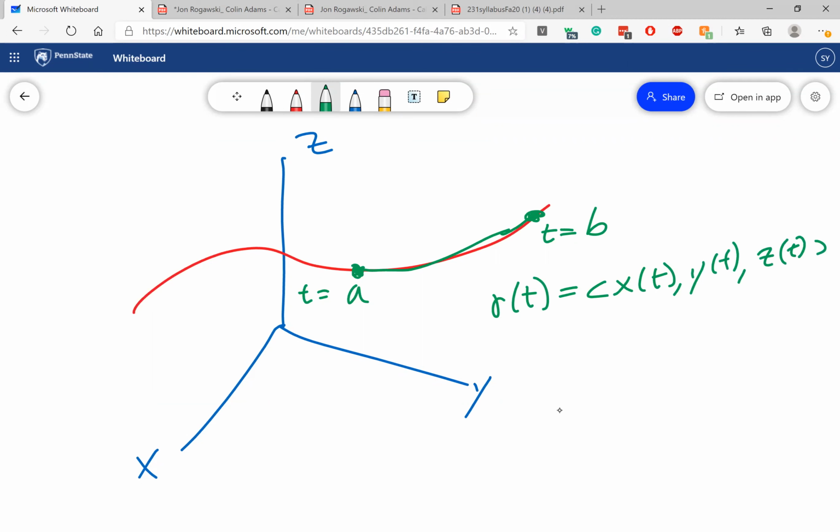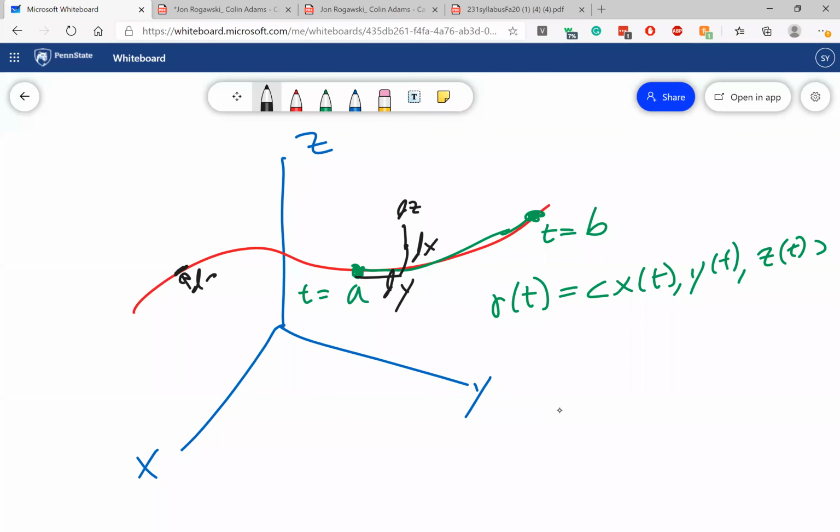So one way to think about it is by considering this thing over here. Let's say it's delta y, and then you will have something in the x direction, which would be delta x, and then something in the z direction, which would be delta z. If you look at a small change over here, let's call this change ds. So that's a small change in the length of your curve.